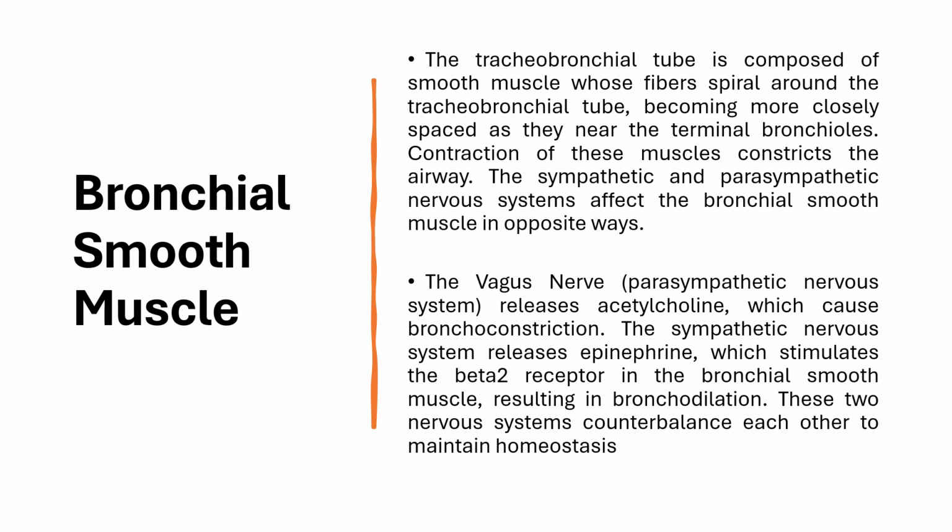Your vagus nerve, a part of your parasympathetic nervous system, releases acetylcholine, which causes bronchoconstriction. The sympathetic nervous system releases epinephrine, which stimulates the beta-2 receptor in the bronchial smooth muscle, resulting in bronchodilation. These two nervous systems counterbalance each other to maintain homeostasis.